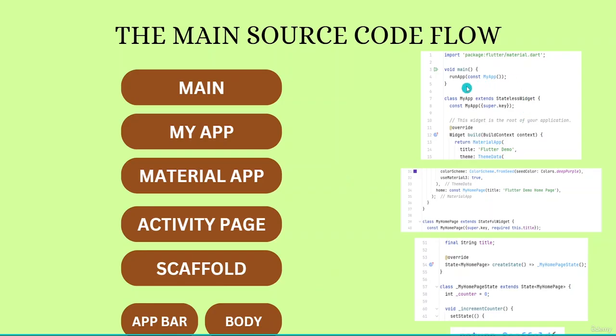Under this main function, what you are doing is running my app. Basically, under the main function, you are running this my app function. Any app you create, you need to make sure you run it under the main function.